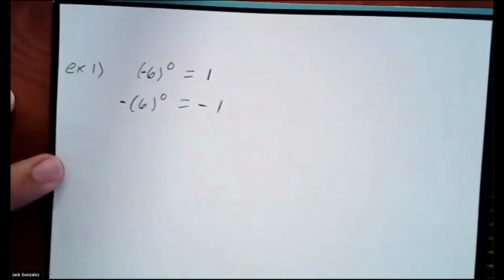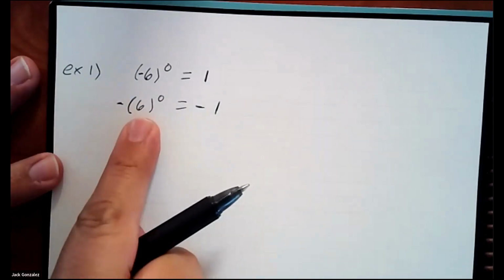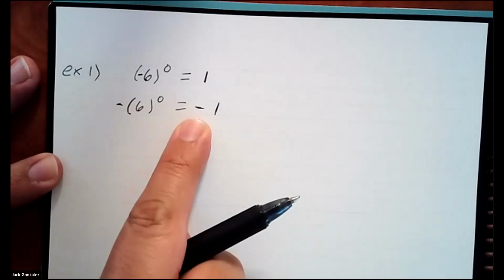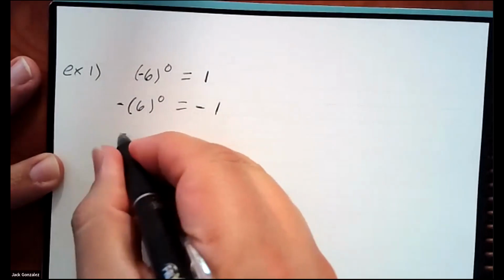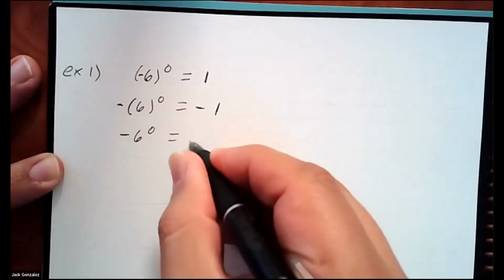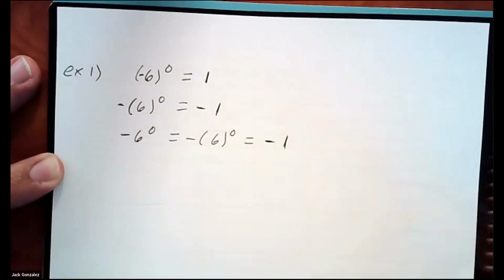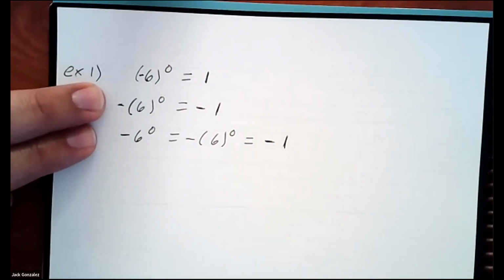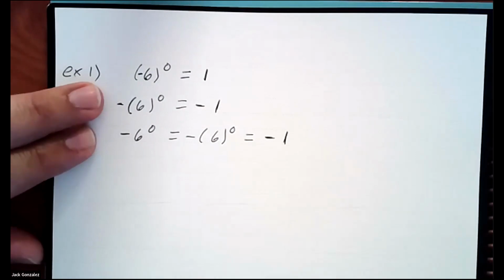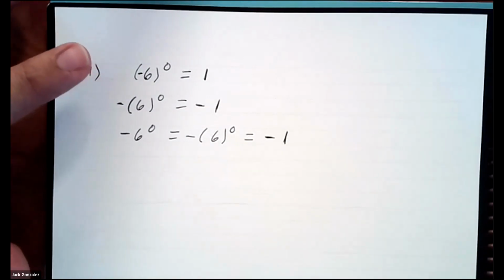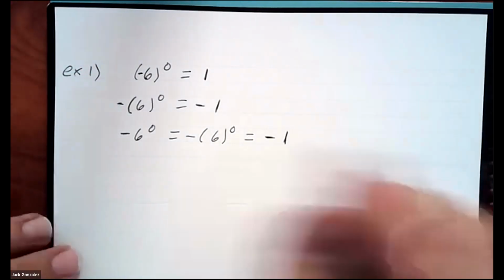So if you see it written this way, this becomes a 1, but then you have a minus. If you see it written this way, they mean this. So these two are the same. If it's inside, then who cares? Everything to the zero.